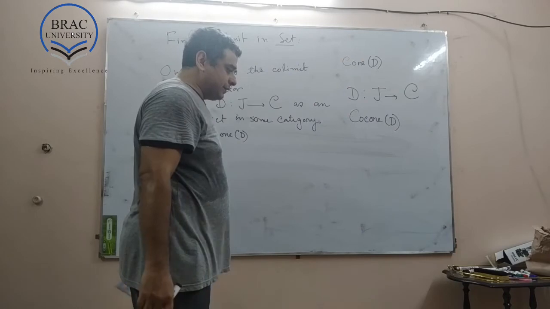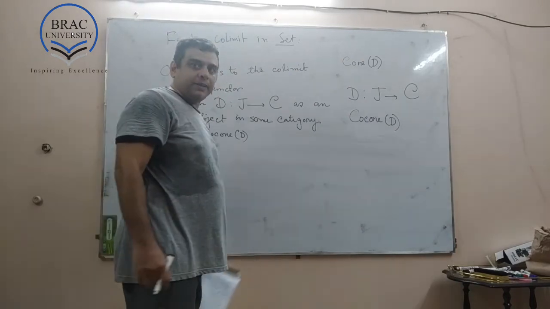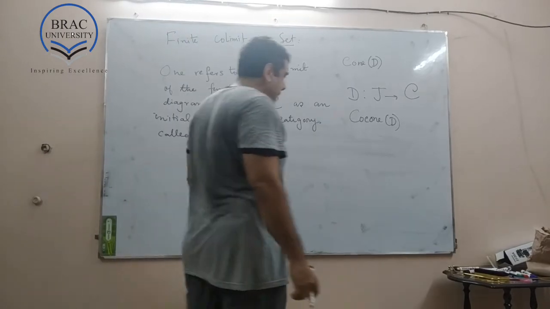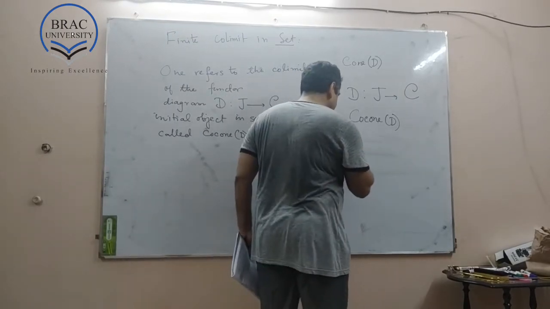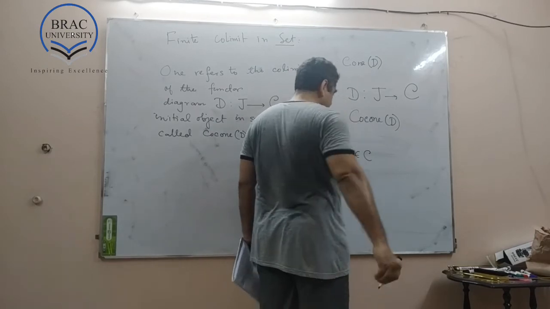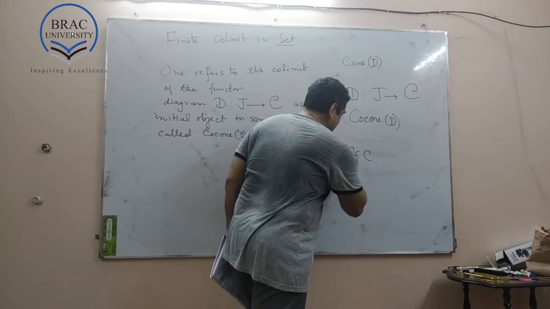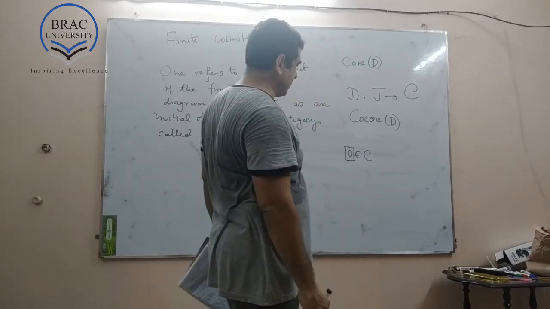So what is the definition of an initial object in a given category? It means that it's a distinguished object in the category C, such that this is the initial object that we are denoting with 0.